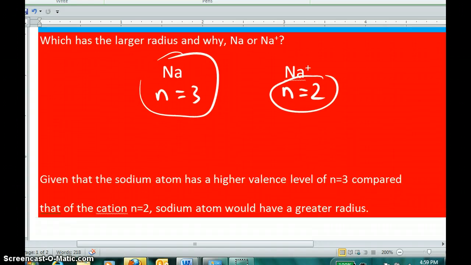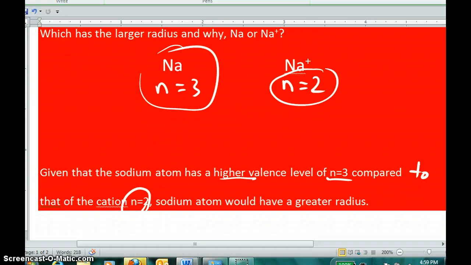And that's how it should be worded. Given that the sodium atom has a higher valence level of n equals 3, quote the number, compared to that of the cation, which only has n equals 2 as a valence level, the sodium atom would have the greater radius. No fuss, no muss, simple way to explain it.